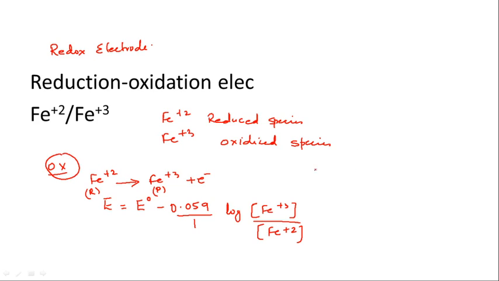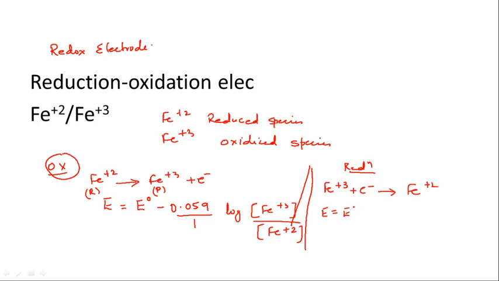Suppose you are writing your reduction reaction, then it is Fe3+ plus an electron to give you Fe2+, which is the opposite reaction. So in such a case, what will be your Nernst equation?